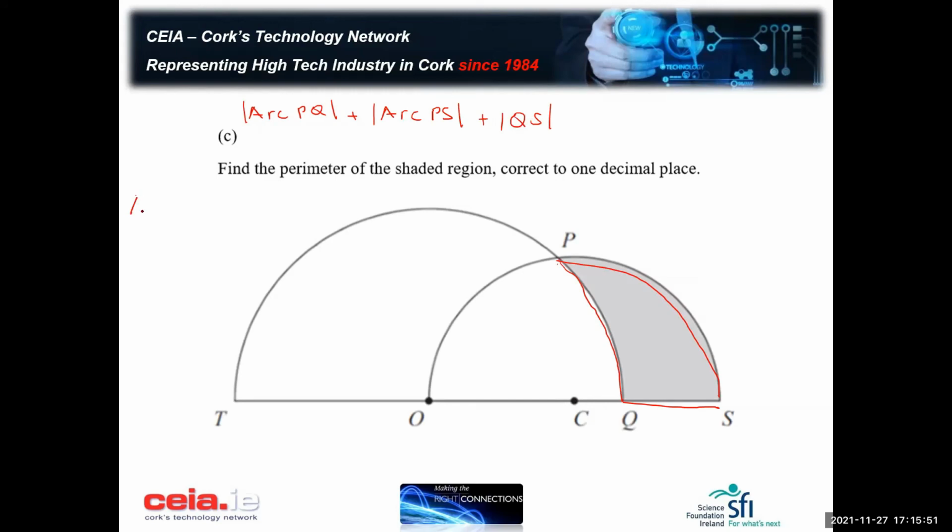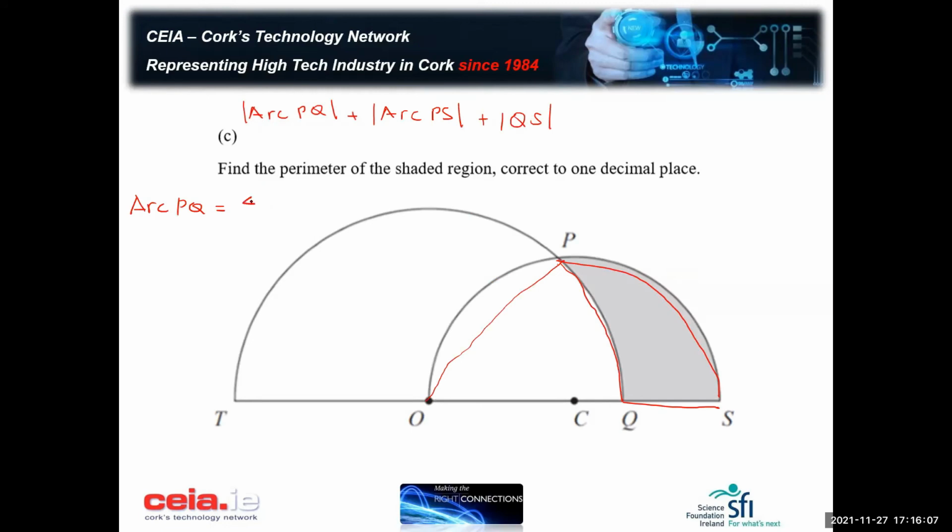So therefore arc PQ. This is part of the circle. It's the edge of that sector POQ of the larger semicircle.